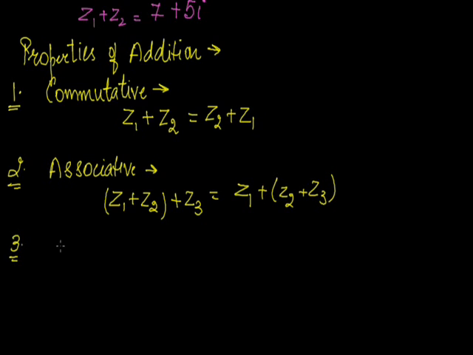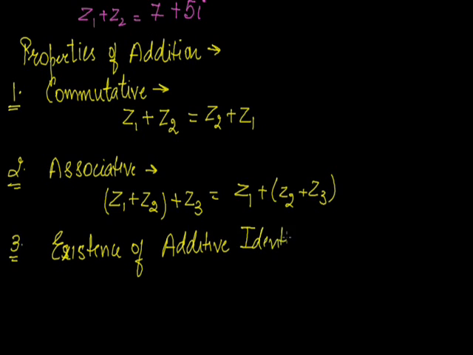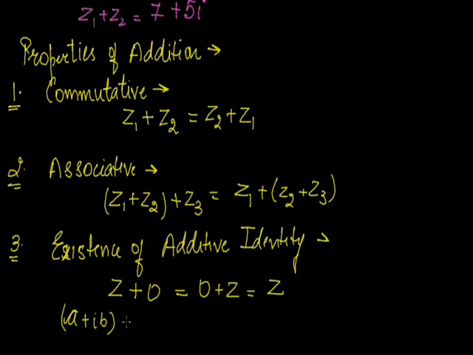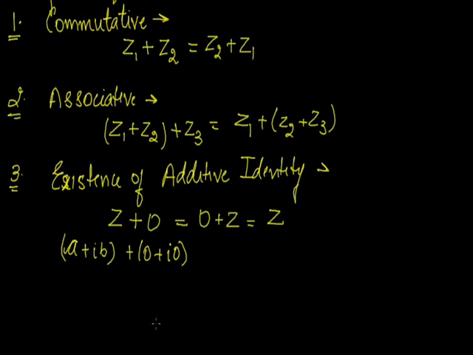Next is existence of additive identity. What is additive identity? If in any complex number 0 is added, or in 0 if we add any complex number, then we will get the same complex number, that is a plus iota b, and 0 can be written as 0 plus iota 0, because there is no real part and no imaginary part.